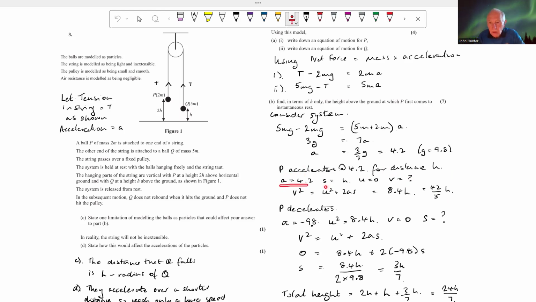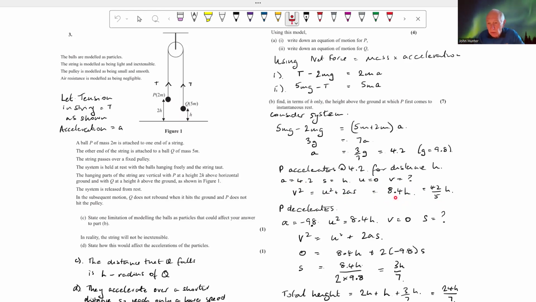We've got the acceleration, we've got the displacement equals distance in this case. The initial velocity is zero because it's released from rest. What is the final velocity? So we're going to use this formula, which is sort of intuitive from there, isn't it? When we plug our values into there, that is going to give us 8.4h.